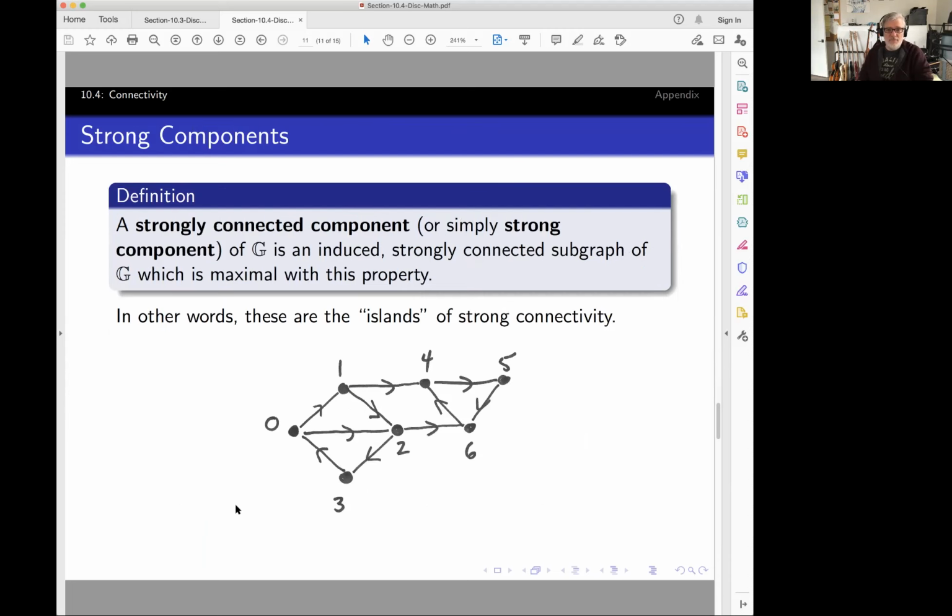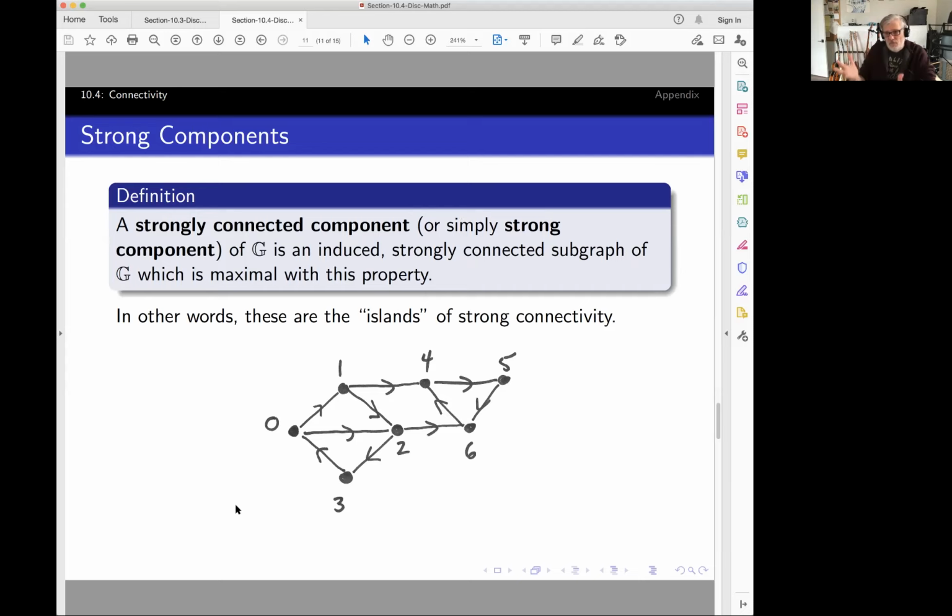So here's an example of a digraph. I've defined the notion of strongly connected, and now I want to define the notion of strongly connected component, or a strong component of a digraph. You can guess what this is. These are the biggest pieces which are strongly connected.